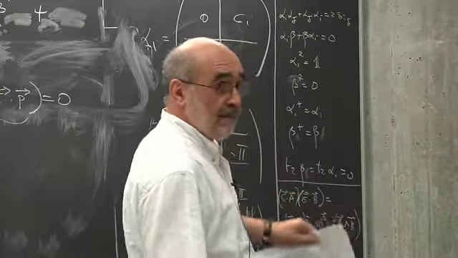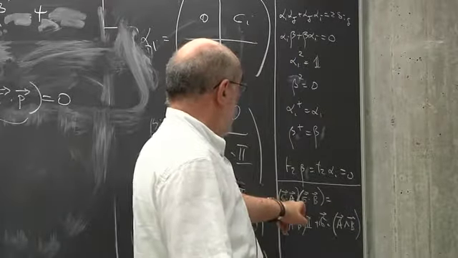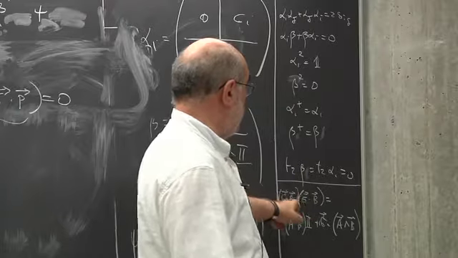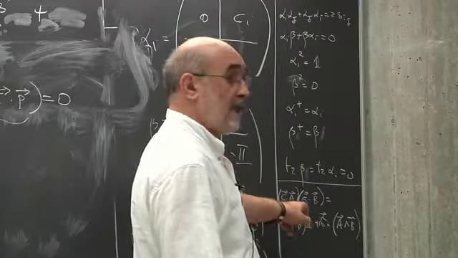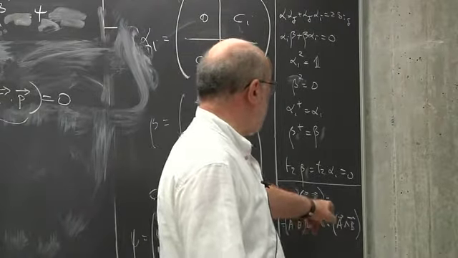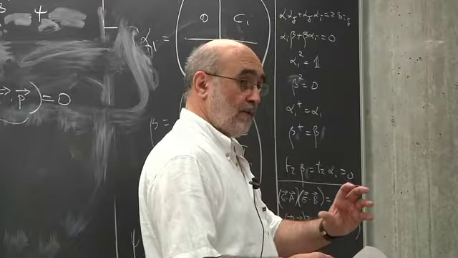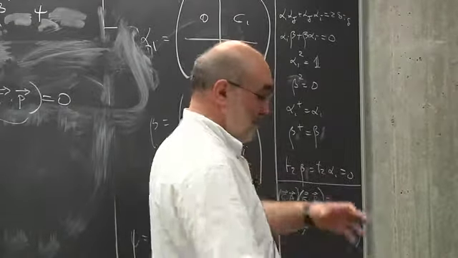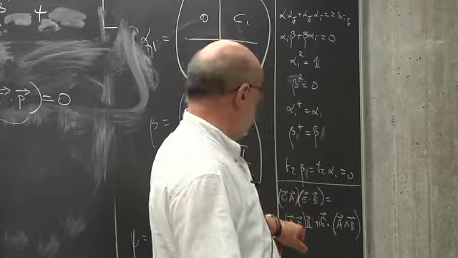So A and B are vectors, sigma are 3. Basically these are linear combinations of 3 matrices: sigma 1 A1 plus sigma 2 A2 plus sigma 3 A3. And here is sigma 1 B1, sigma 2 B2, sigma 3 B3. It is the product of 2 by 2 matrices, linear combinations, and it is equal to a 2 by 2 matrix.